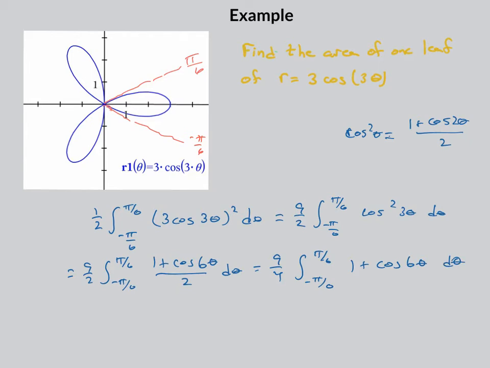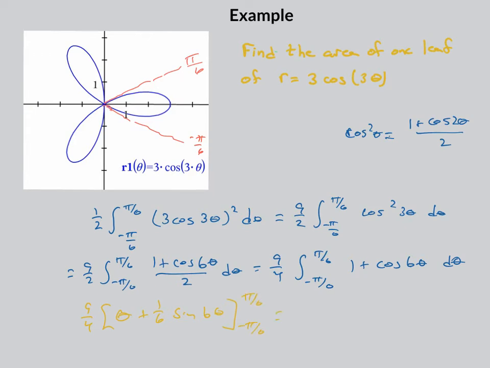So when I take the antiderivative on that one, it's going to come out to be 9 over 4 times theta plus 1/6 sine 6 theta, and in this case, I'm going to go from negative pi over 6 to pi over 6.